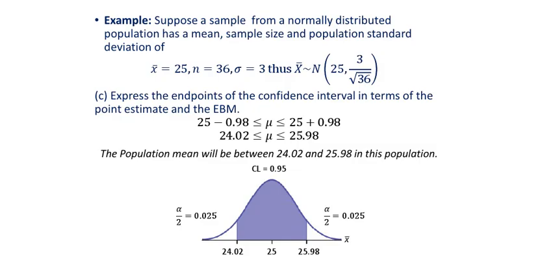And in our example, that means that our confidence level of 0.95 corresponds to alpha over 2 of 0.025. That is, we have a 2.5% probability that we are too high or too low, and that our actual population mean will be between 24.02 and 25.98 as shown in this drawing.